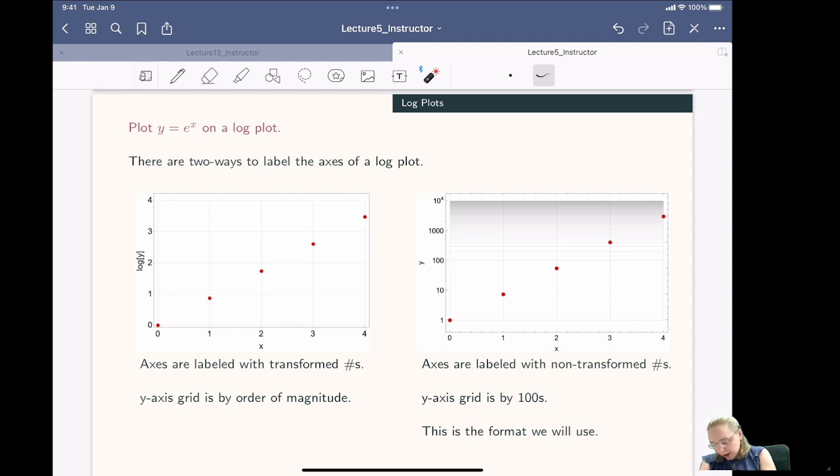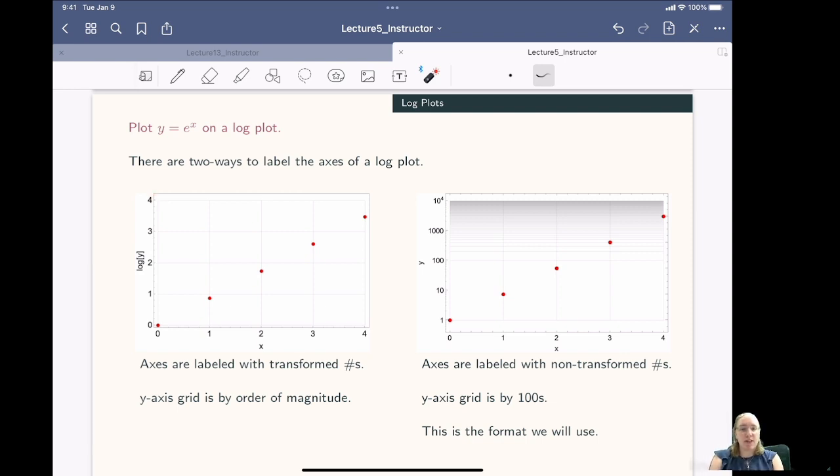So we've been working so far with log linear plots or linear log plots where we label this axis as an x and this as log of y. And then if we take the log of y, then this is 10 to the 0th. This is 10 to the 1, 10 squared, 10 to the cubed, and 10 to the 4th.